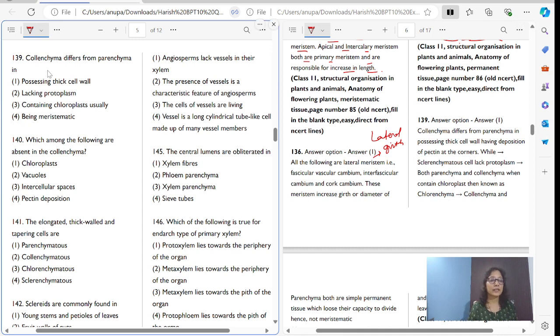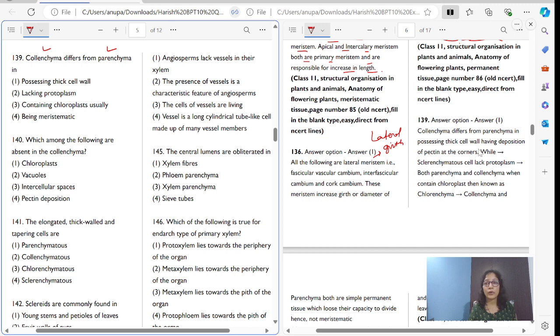Question number 139 states that collenchyma differs from parenchyma. Means in what regards the collenchyma differs from parenchyma. Let's read the options. The options are possessing thick wall, lacking protoplasm, containing chloroplast usually or being meristem.